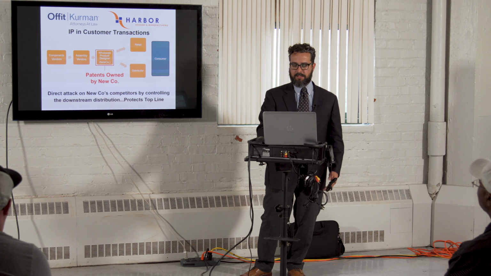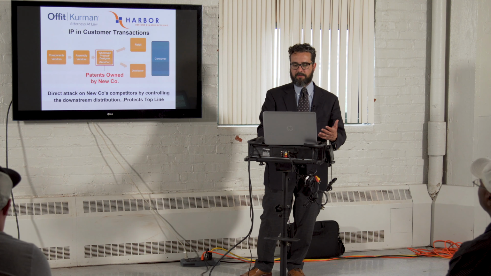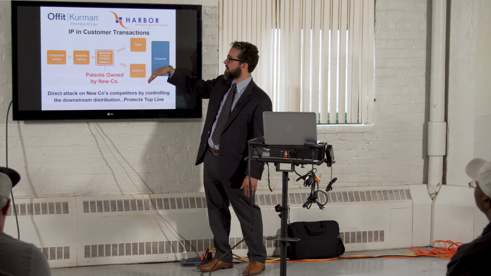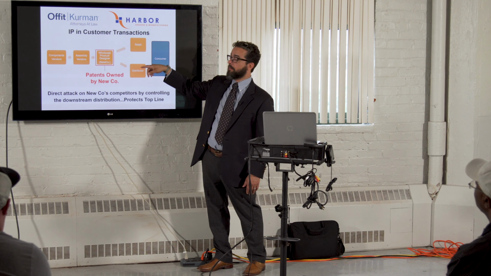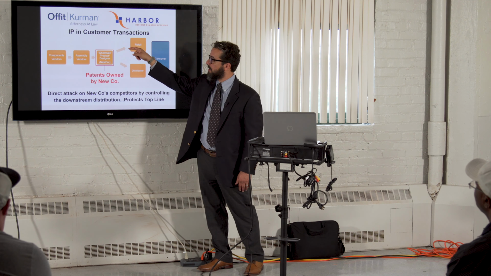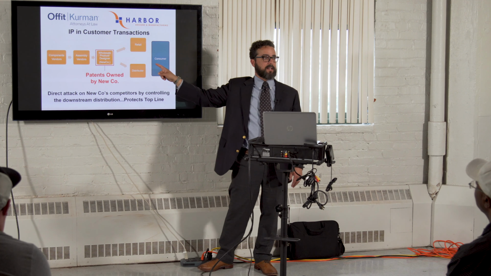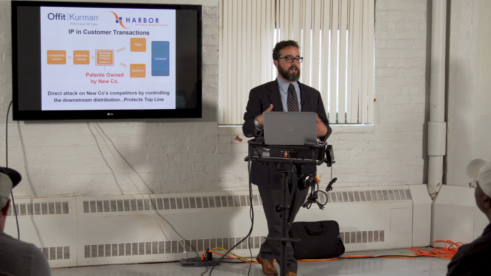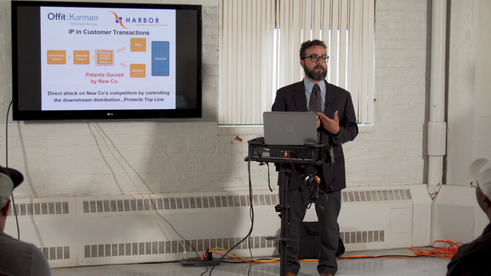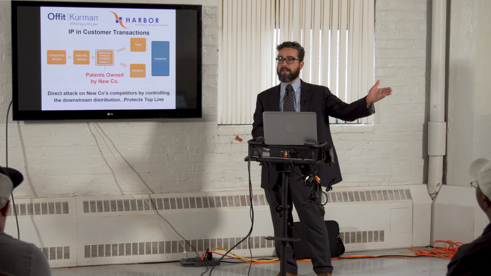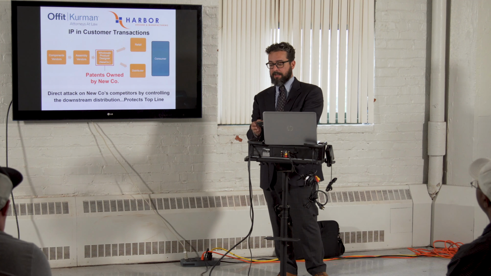Now let's look at one more. What does this do? Downstream distribution. Just to recap here, this is protecting your top line because you're really covering the money flow back to the wholesale product manufacturer in this case. If you didn't have patents, you can't prevent your retailers or your customers from going to a third party to get the same thing.